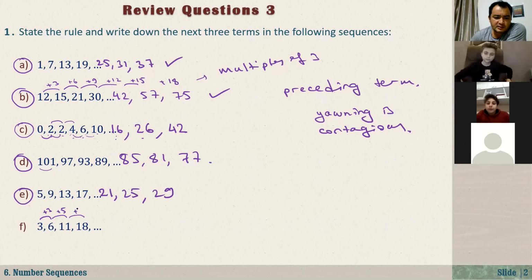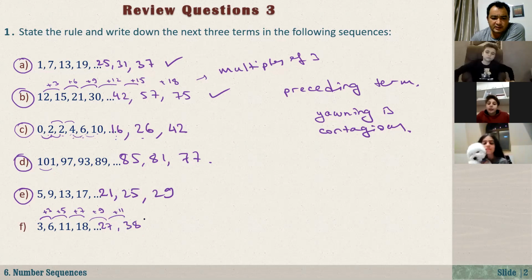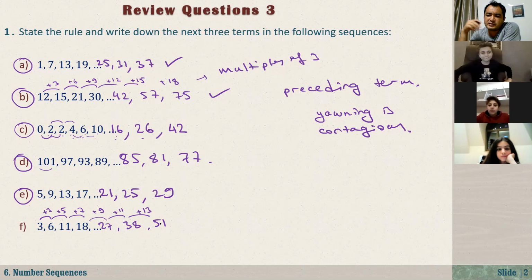This one is plus 7. So this should be then plus 9, right? Plus 9, that is 27. And here plus 11, that is 38. And plus 13, that should be 51. So we are just adding odd numbers starting with 3. This 3, 5, 7, 9, 11, 13, these are odd numbers, right?